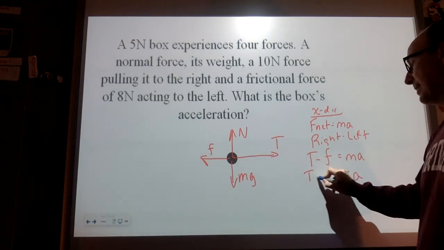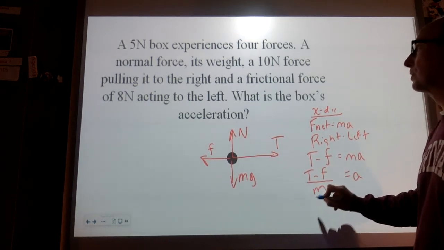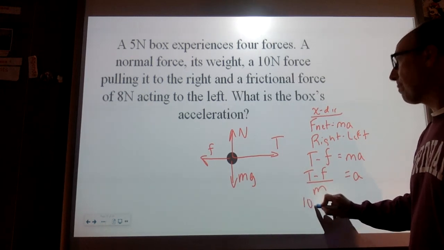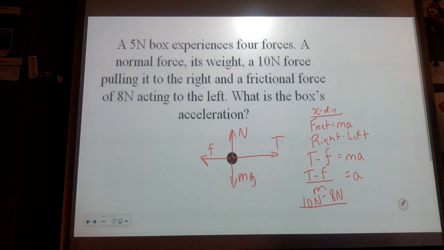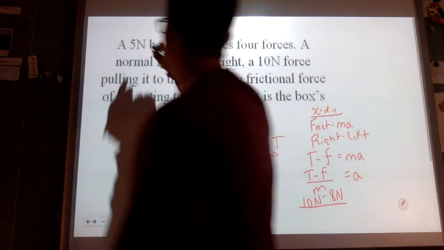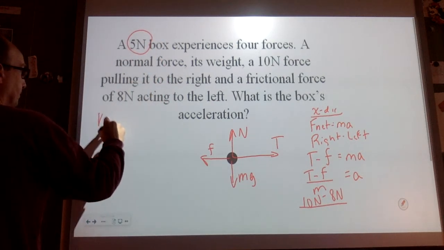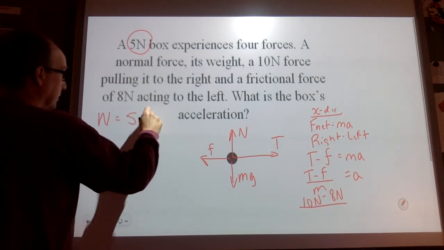Get the acceleration by itself. I don't know what the mass is. But I do know that it's a 5 newton box.